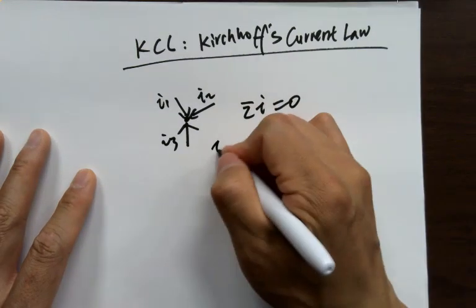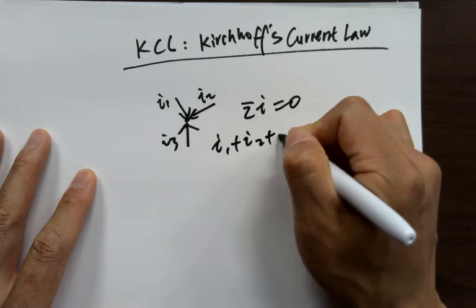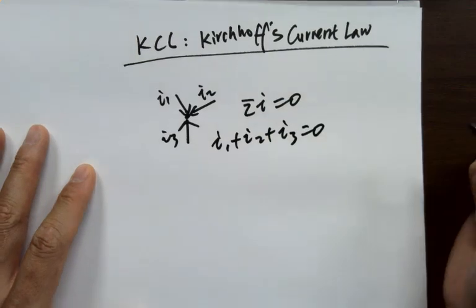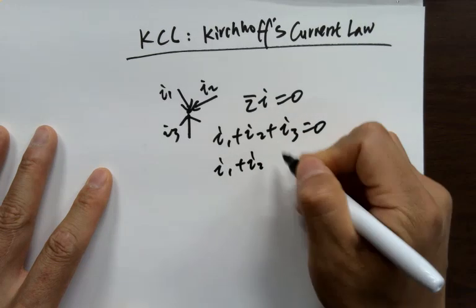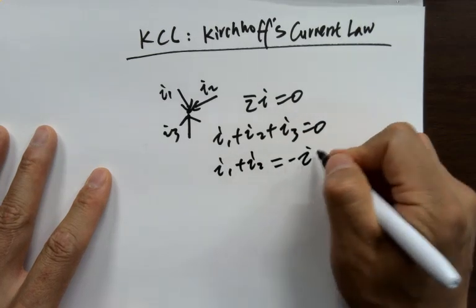So basically this is I1 plus I2 plus I3 is 0. The reason this is true is because I1 plus I2 equals minus I3.